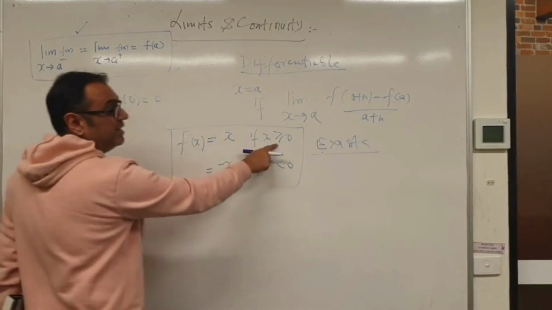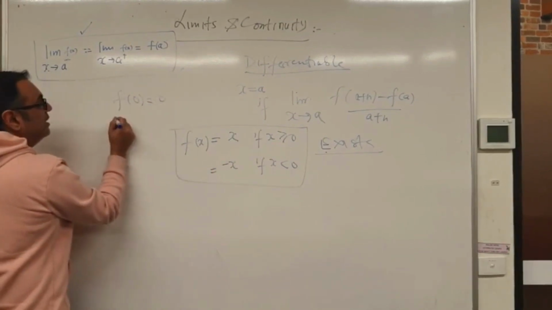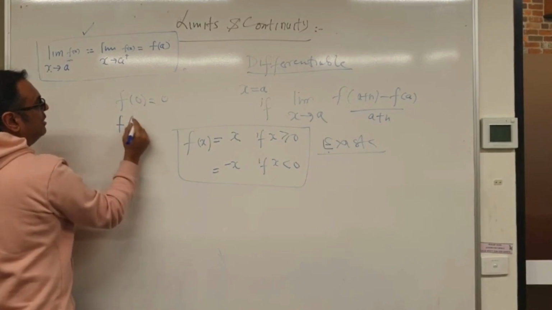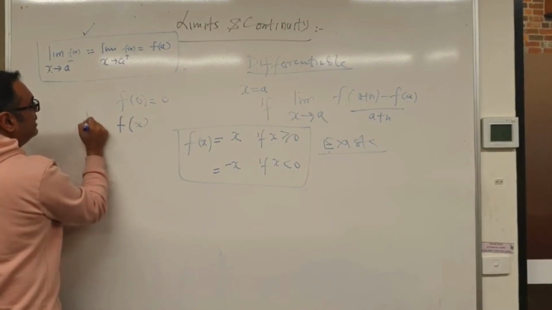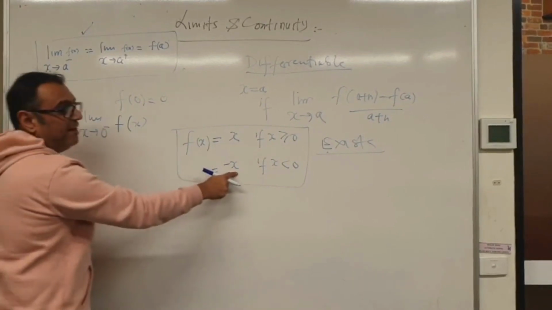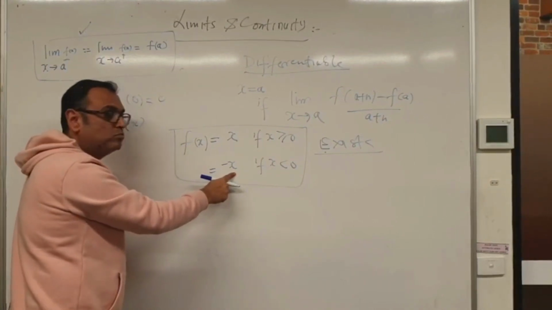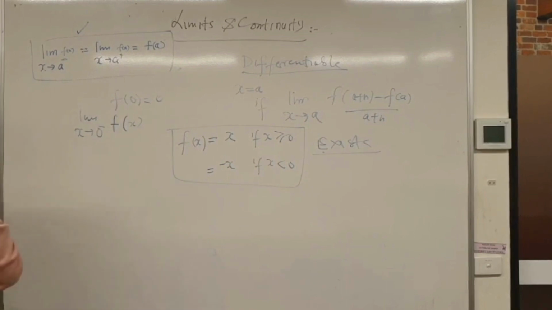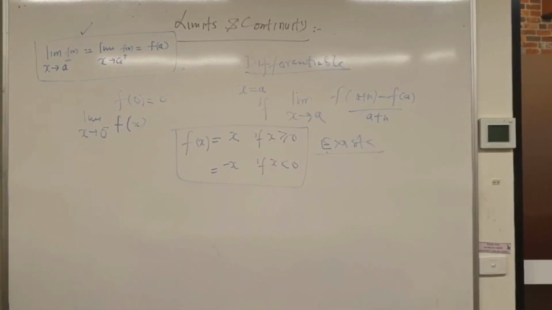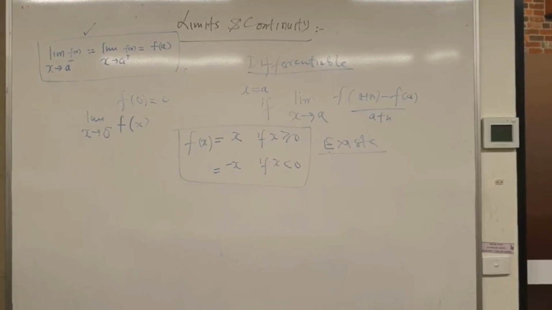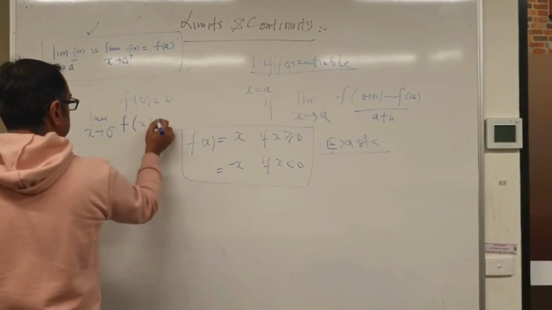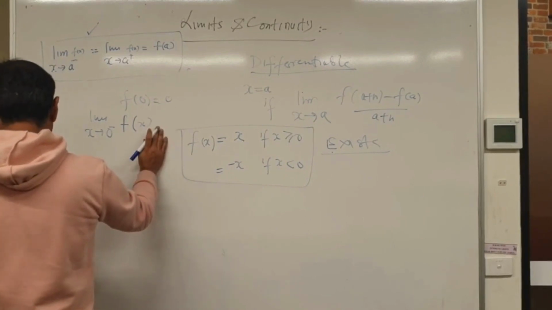That's the one, greater than or equal to. Now f of x, my negative limit, is this value? So what will that give me? 0. Sorry, I think I messed up.